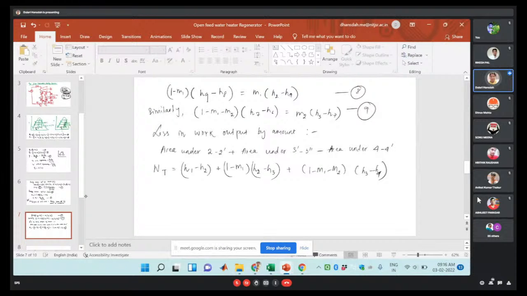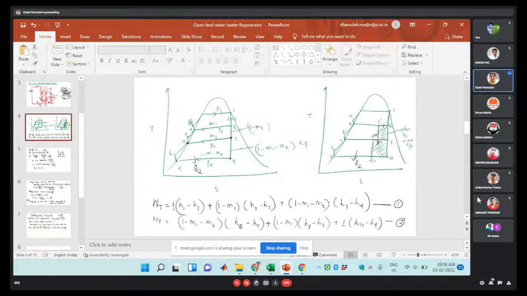Okay, so this I can write it again in the form of this 2 dash and 3 dash and 3 dash and 4 dash. So let me write down that equation. So expansion is done at this point and at this point, right? So instead of these 2, 2 and 3, so here it is having 2 dash to 3 dash and 3 double dash to 4 dash है ना.